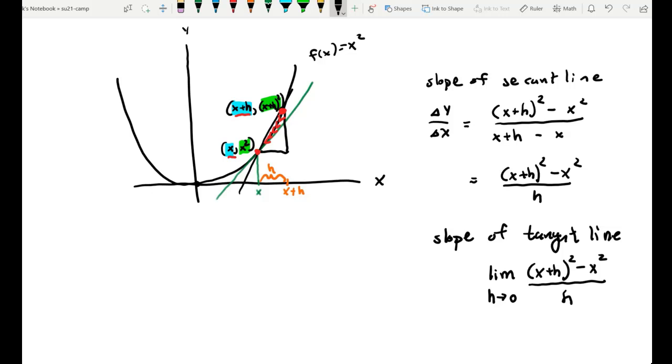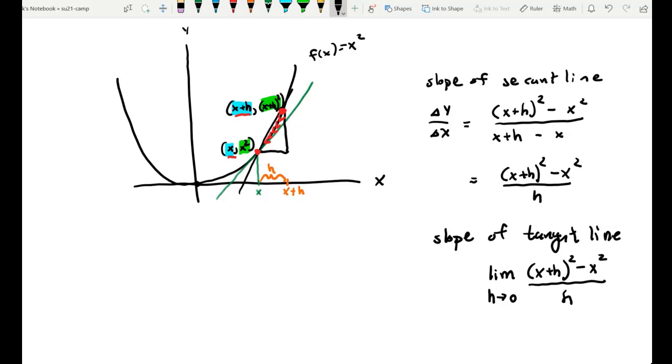Because in all the examples we've done so far, we're letting x approach some number or go off to plus or minus infinity. But here we're treating x as a fixed value on the x-axis because we want the slope of the tangent line to be a function of x.